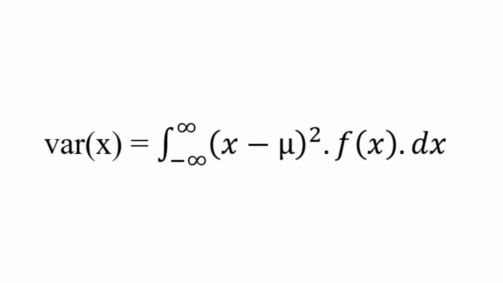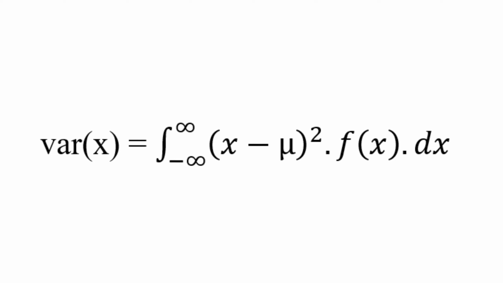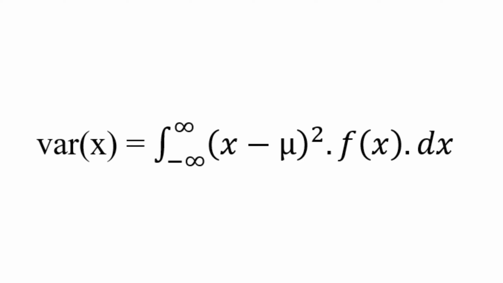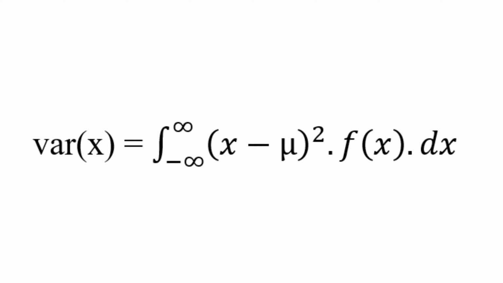The formula for the variance that defines a continuous probability distribution is given as V of x, that's the variance, or you can use sigma squared of x, anyone you want to use, is equals to the integral of x minus mu all squared. Now the mu in this case is representing the expected value, it is representing the population mean.